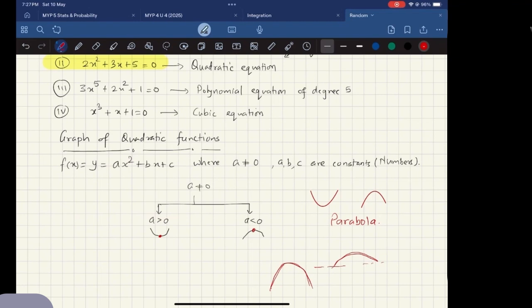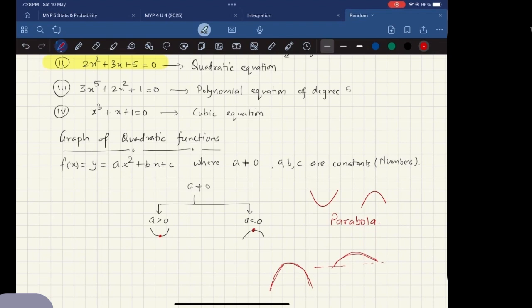What are the applications? One of the applications that I told you is the making of flyovers on the roads. Second application, in all the cars we have headlamps. The background of the headlamp is made in the parabolic shape so that it can disperse and also focus a lot of light.